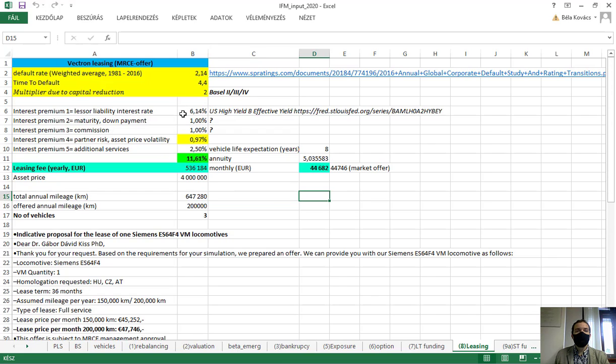At first we will build up the pricing model, and after we finish it, we will adapt it for different locomotives, and after we have adapted it, we will see how we can integrate this into our case study.